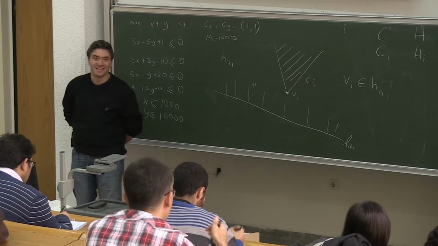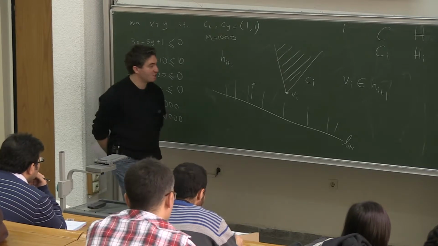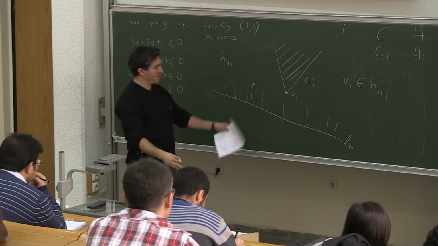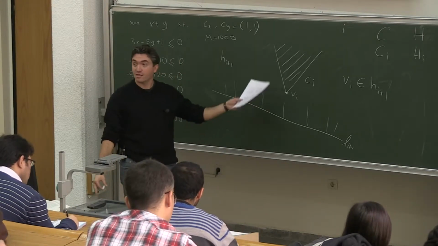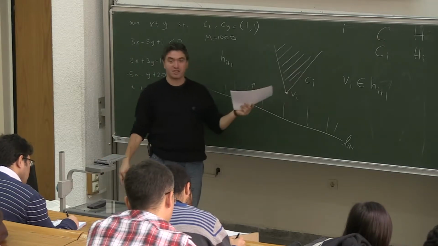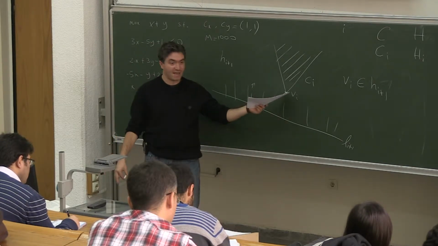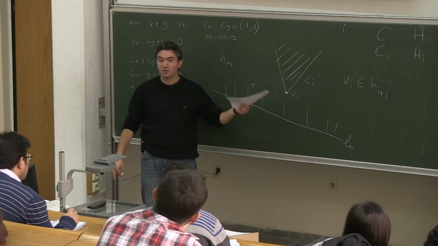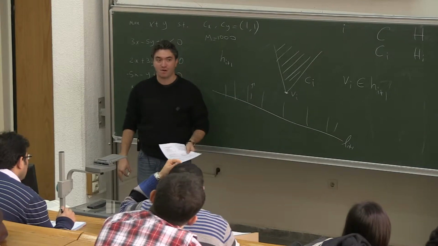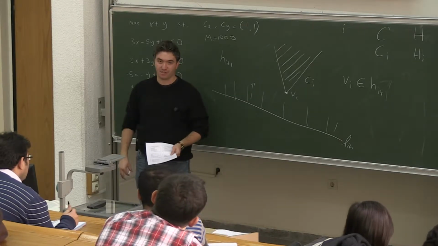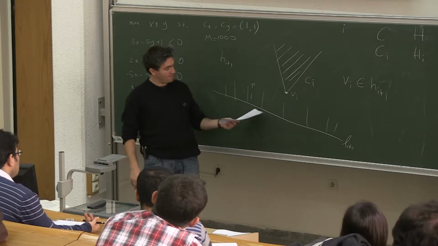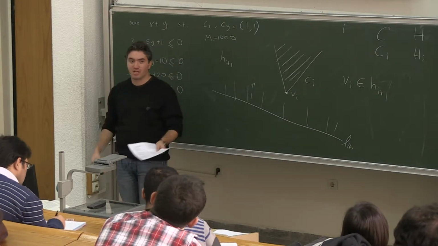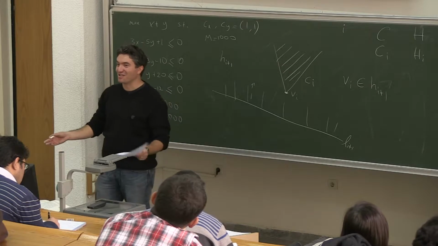Nothing changes. Since we are doing an intersection, this convex region is going to stay the same, and Vi is going to continue to be the extreme point of this objective function. So if such a case happens, in our algorithm, we don't do anything. So that's a good thing.